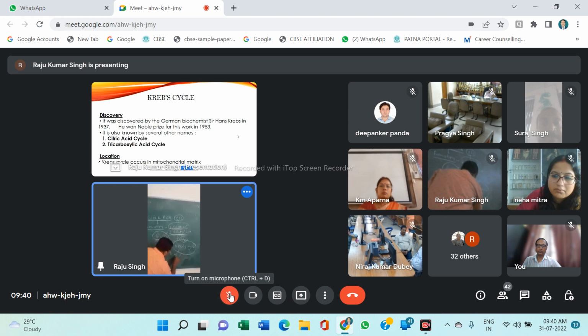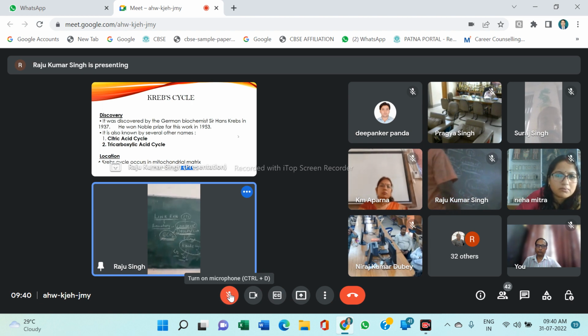CO2 will be given off at the two steps. So two CO2 here and one CO2 from the link reaction makes 3. As we are talking about only one acetyl, but with 2 acetyl, ultimately it will give rise to 6 CO2 by the process of decarboxylation. That should also be told to the students, so we can link how 6 CO2 is being formed here.